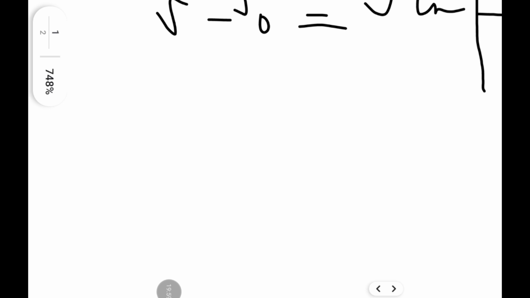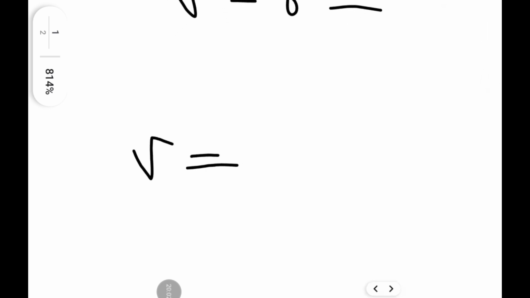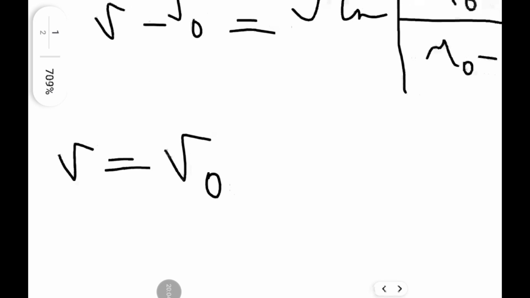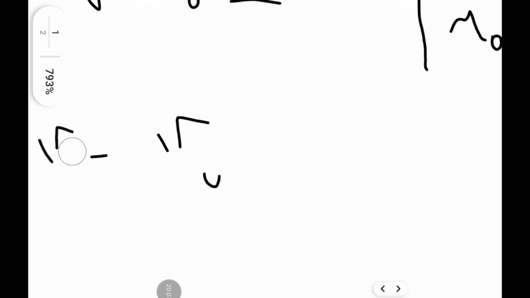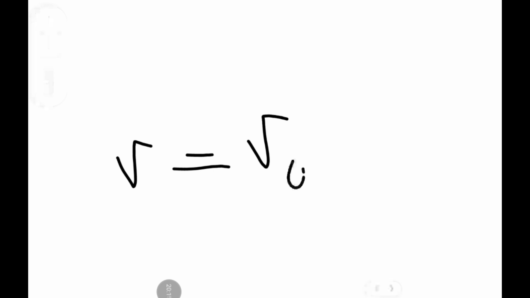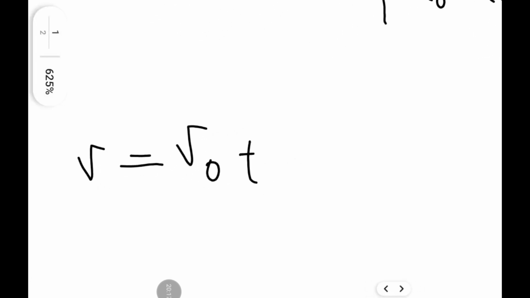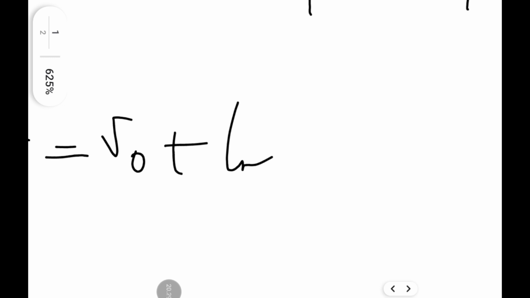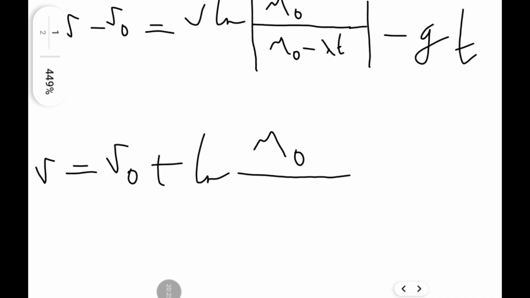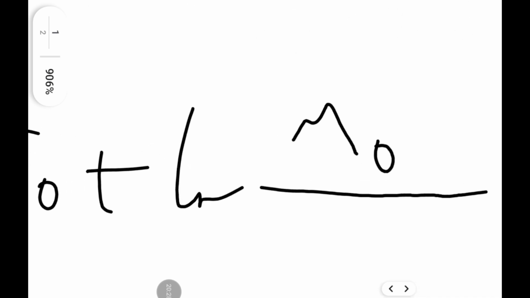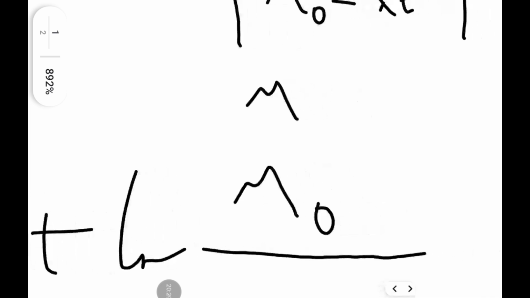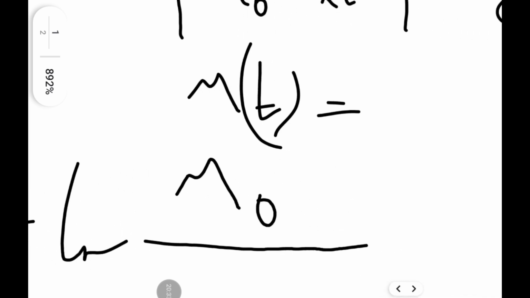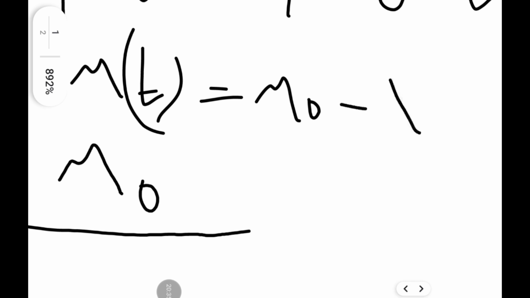Which you can get into an even nicer form of v is equal to the initial velocity. Actually, let me just create space again. V is equal to the initial velocity plus the natural logarithm of the initial mass. Now we know that m0, the initial mass minus lambda t, is what was equal to, do you remember earlier, the function of time is equal to m0 minus lambda t in the way that we defined it.